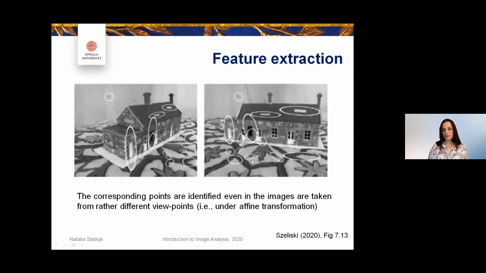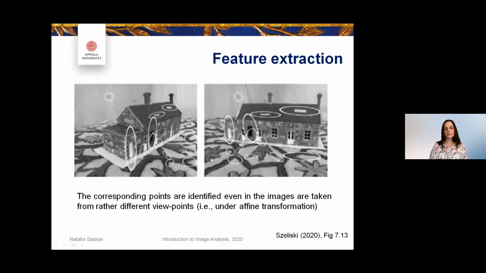Another aspect that we would like to cover when looking for suitable feature points is that they should be detectable also under transformations due to, for example, different viewpoints, but also maybe other types of transformations such as intensity transformations or even in presence of noise.